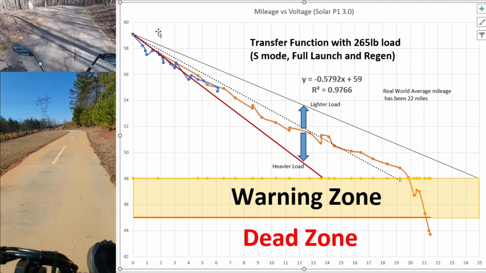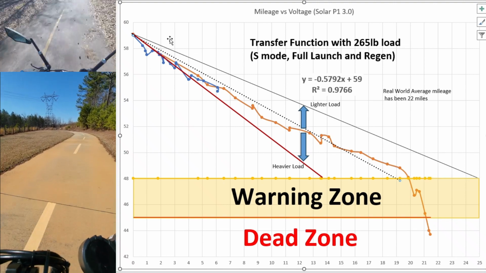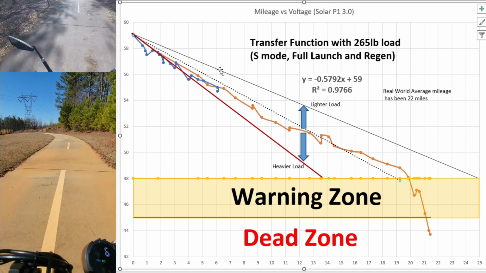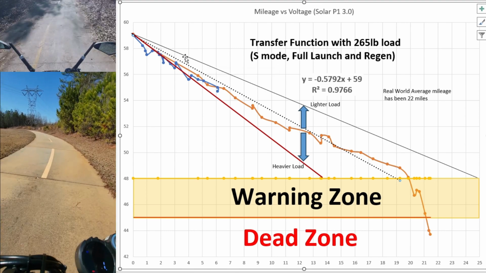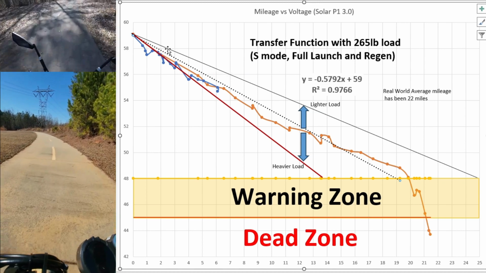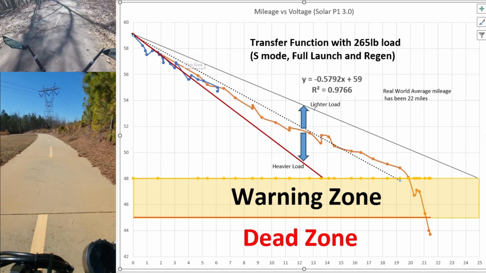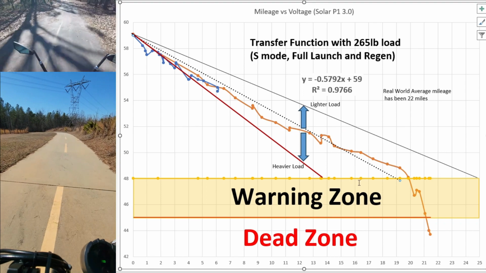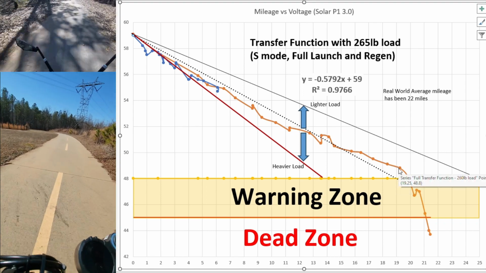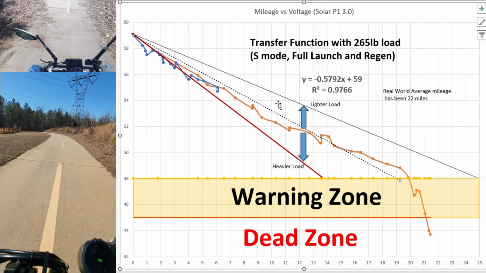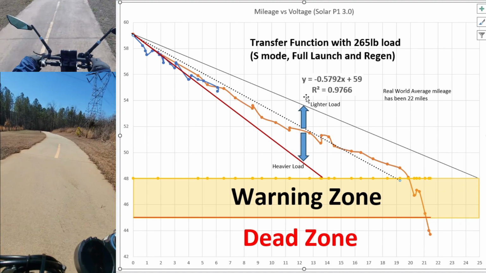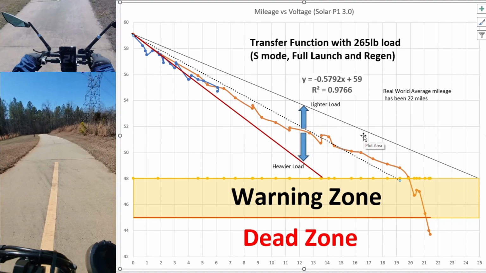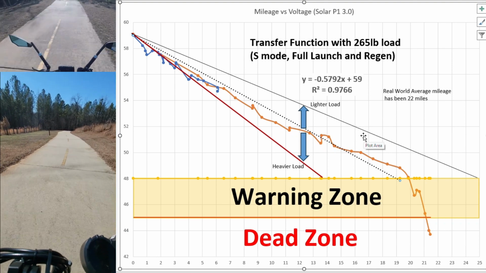So if you take a few measurements and figure out the slope of your line based on where you're riding and how much your load is, you can extrapolate that slope all the way to about 49 volts. From there, you can figure out exactly what your line would look like without even doing the full transfer function. So I think this could be helpful to other people.